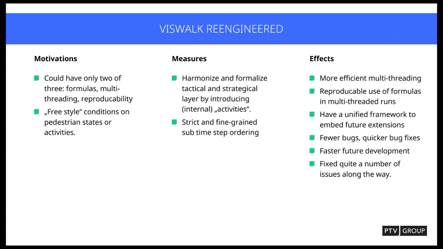These features which change the values of attributes, somewhere in the data model, somewhere in the simulation, are very powerful. They make Viswalk much more flexible. But there was one problem when you use them together with multi-threading, so parallel simulation, parallelization of the simulation.